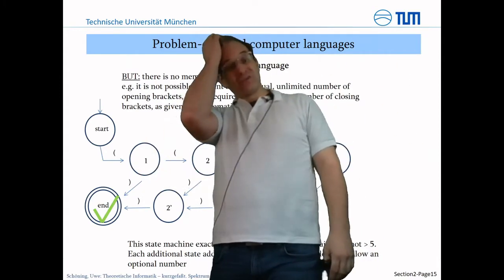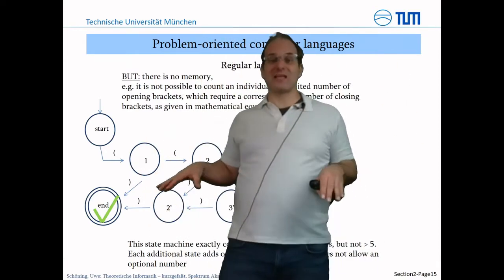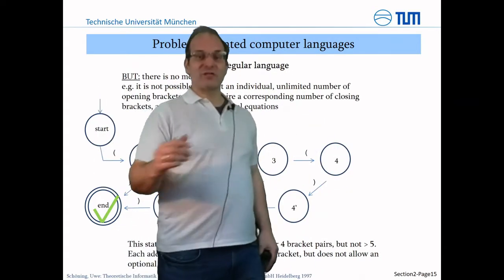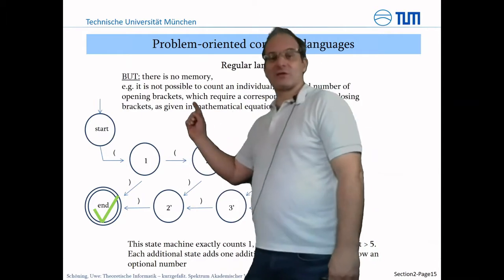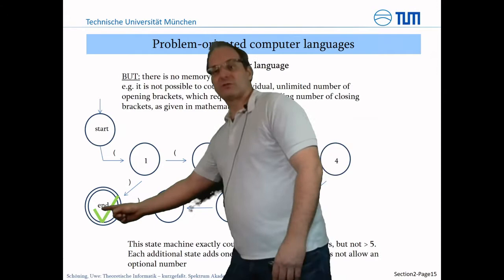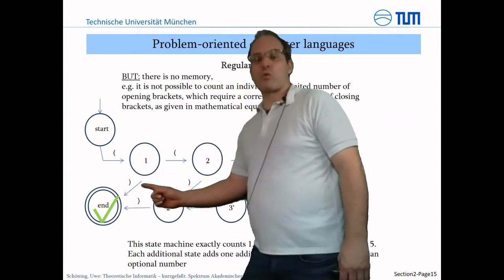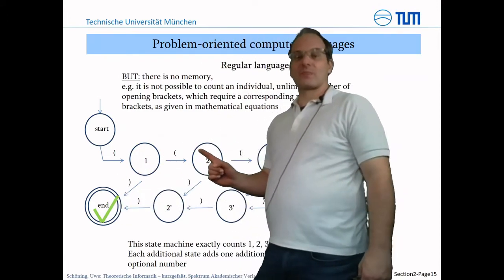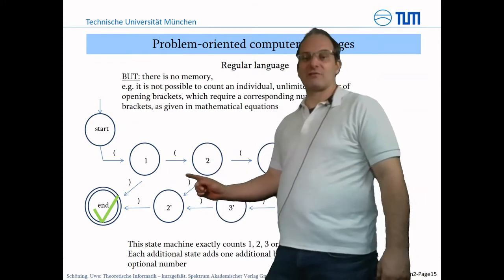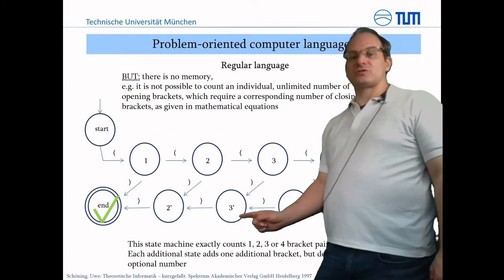So if you want to do this, you would have to do something like what is shown here. You have a starting point, and then you have open and close. So this is one combination. But if you have another open, you have another close, which you have to find. And if you have another open, you have another close, which you have to find.